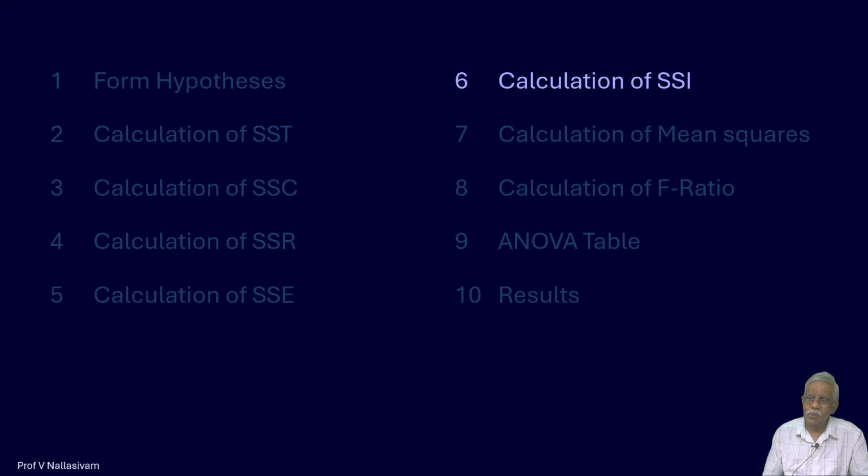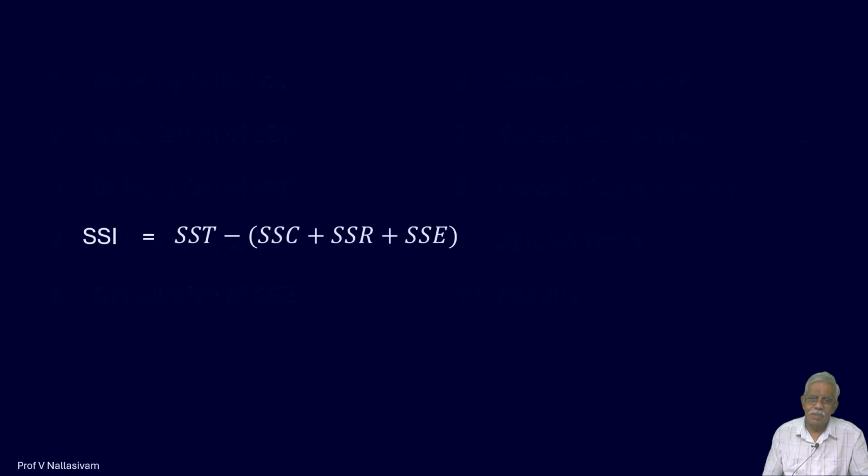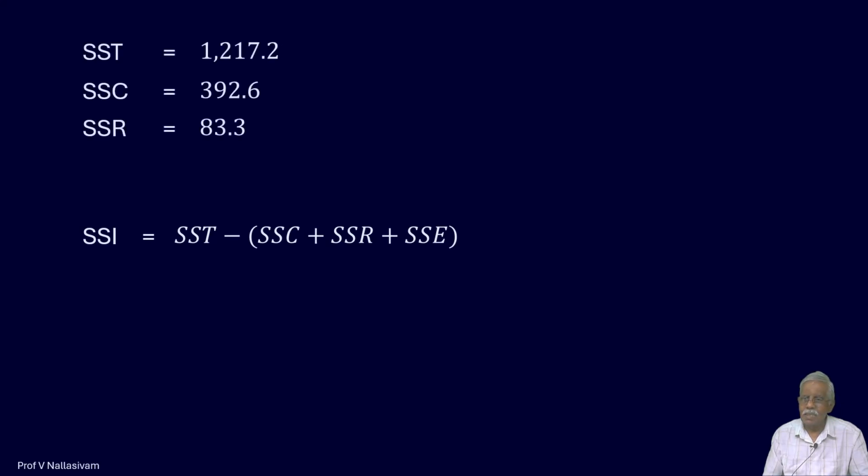Its formula is so simple. It is SSI equal to SST minus SSC plus SSR plus SSE. We know the values of SST, SSC, SSR and SSE. They are 1217.2, 392.6, 83.3, 720.8.